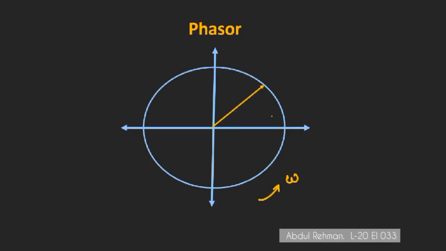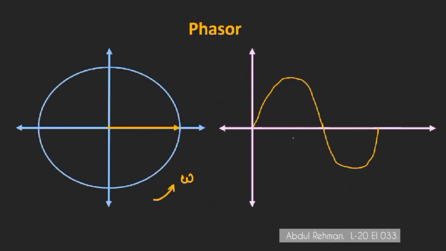If we take the projection of this rotating vector on the y-axis, we get the instantaneous value of the sinusoidal signal. As you can see here, as the vector rotates anticlockwise at omega radian per second, its projection on the y-axis gives the instantaneous value.